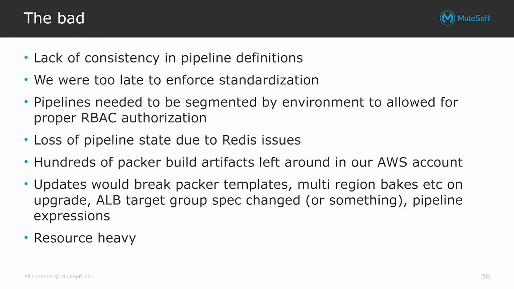Some of the bad things we found were that because Spinnaker is so powerful and there are so many different ways that you can set up your pipeline, you do end up with totally different pipelines. Because you can make it so powerful, you can end up with a pipeline that is 30 steps, split up into different pieces, and then you have to navigate to figure out what that developer was trying to do.